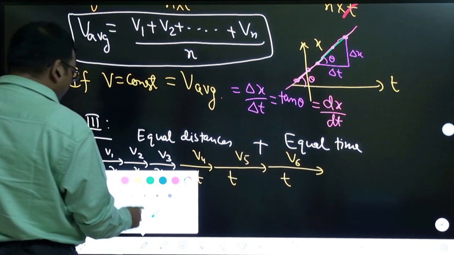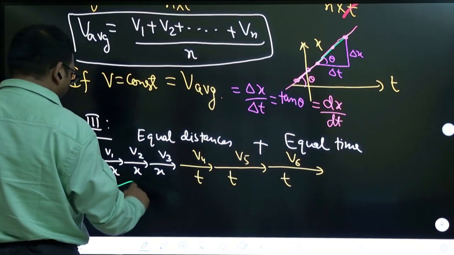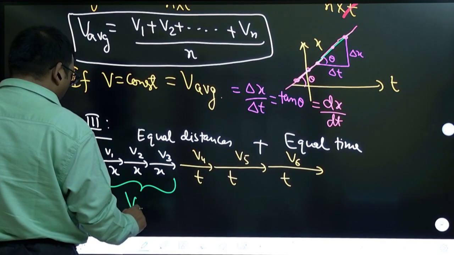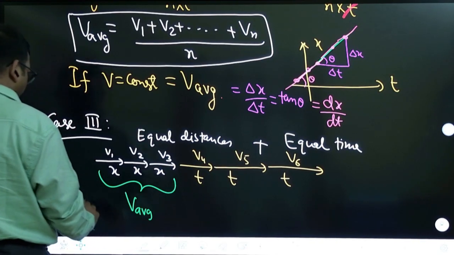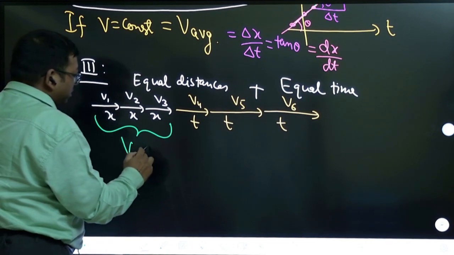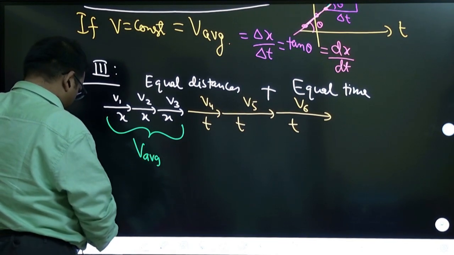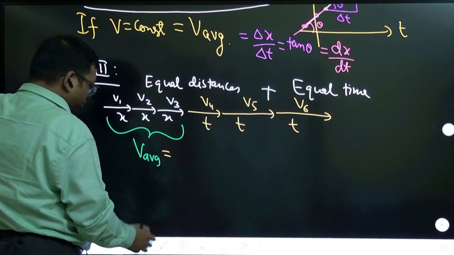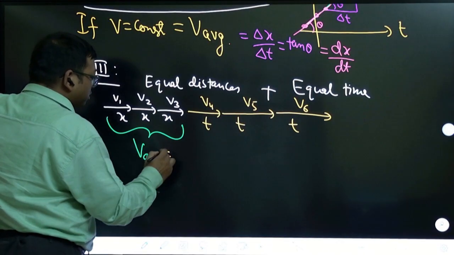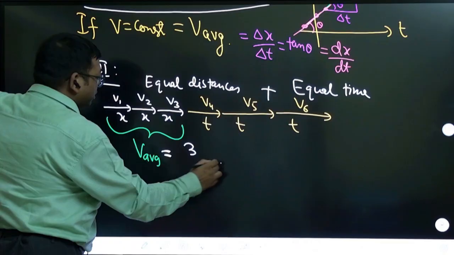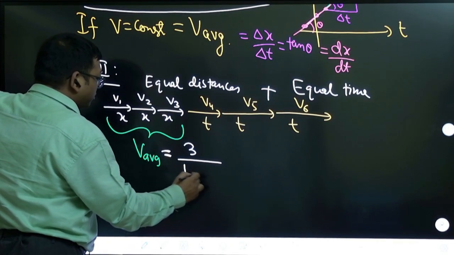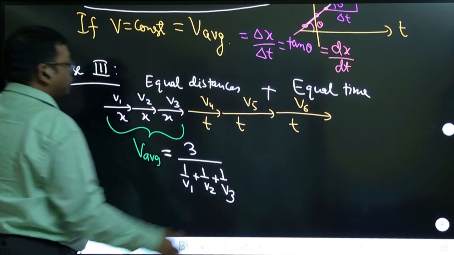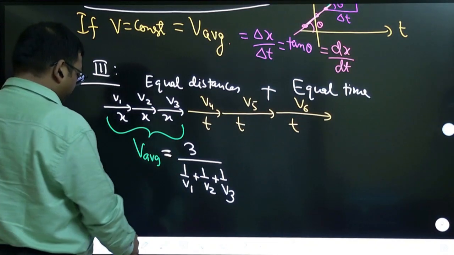We'll calculate the average for this one. What will this average be? This average will be 3 divided by 1 by v1 plus 1 by v2 plus 1 by v3, since 3 motions are there.